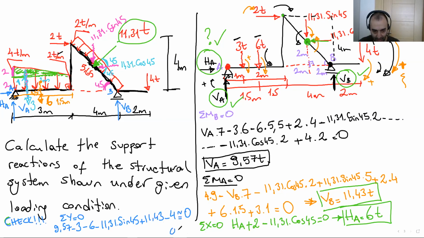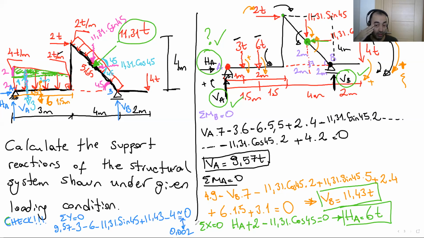The result is like 2. This is almost 0. This is not a number, as you can see. This is almost a small number. This comes from our rounding of numbers. But as you can see, this is 0. So our calculation is correct. So we did the check. So we have just completed this question.